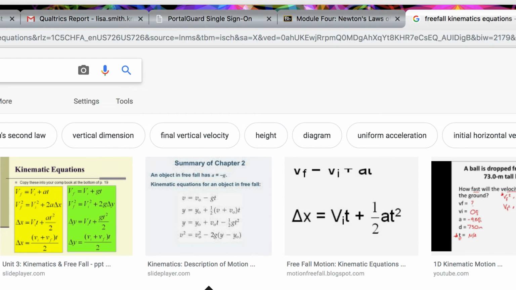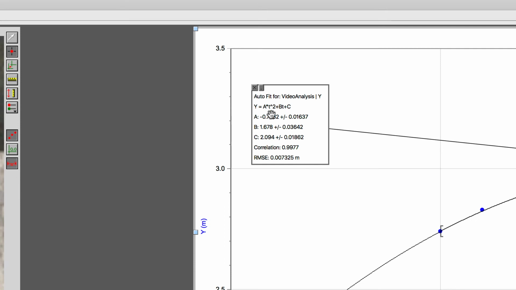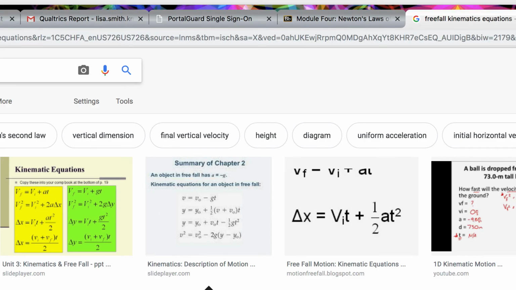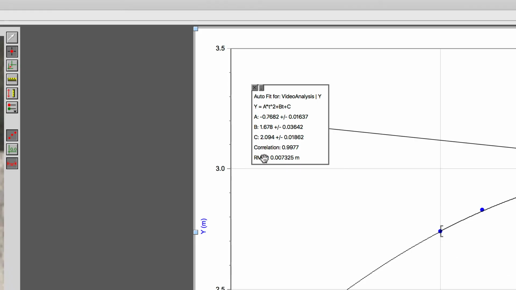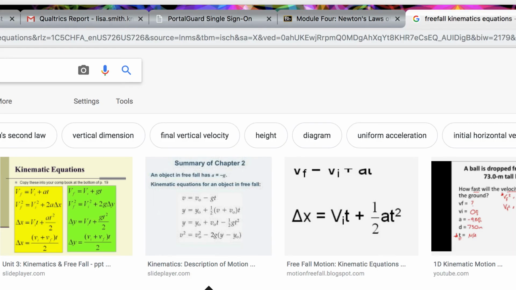In Logger Pro, it's kind of reversed in the order, but the constant a should relate to half of gravity for that planet, or the moon in this case. The constant b, because it's in front of the t variable, should relate to the initial velocity of the object. And the constant c should be the initial position of the object.